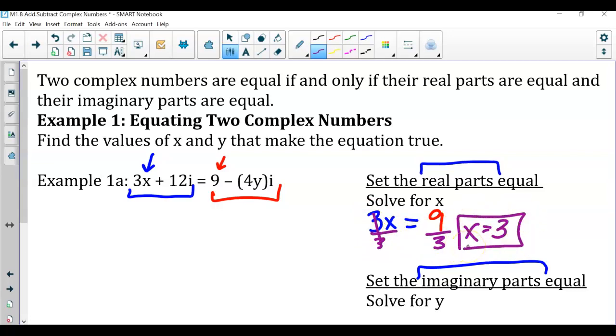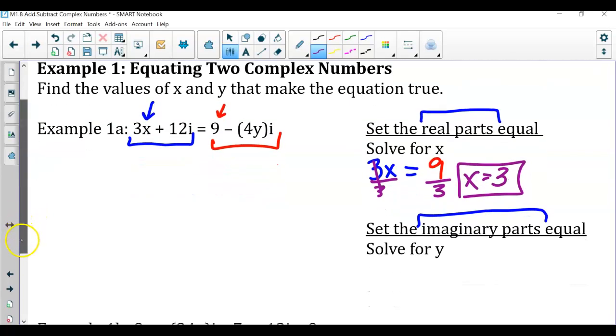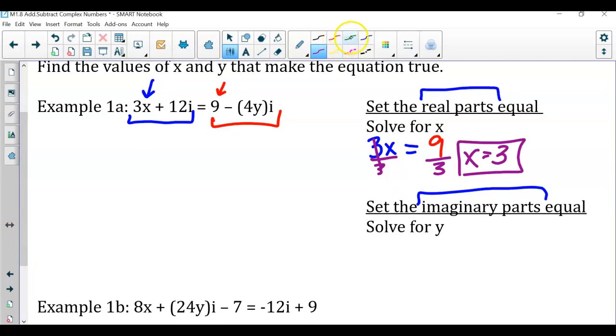Now, if I'm identifying and solving for the imaginary, again, notice how the imaginary parts are the coefficient of i. So here I've got on the left side of my equation 12i, which is equal to negative 4yi.